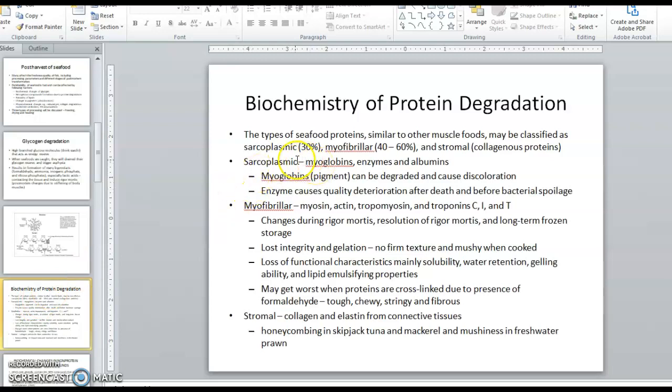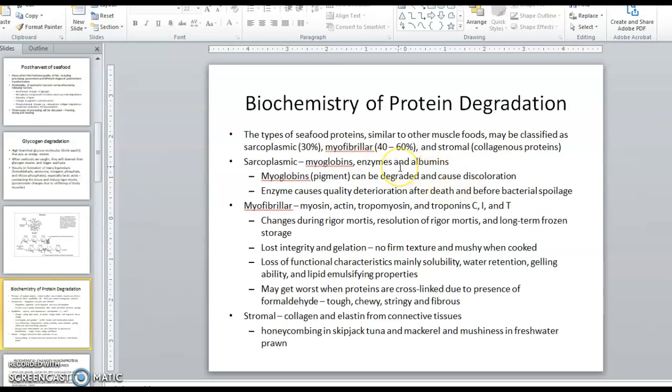Okay, there are three types of seafood proteins, similar to other muscle food, and they can be classified as sarcoplasmic, roughly 30% of the total fish muscle. The second one is myofibrillar, 40 to 60%, and finally stromal or collagenous protein.